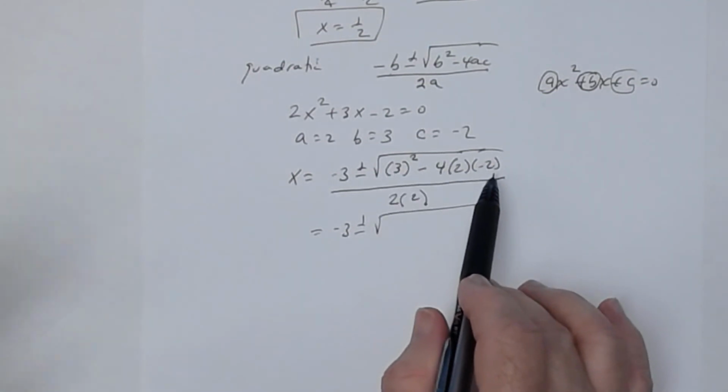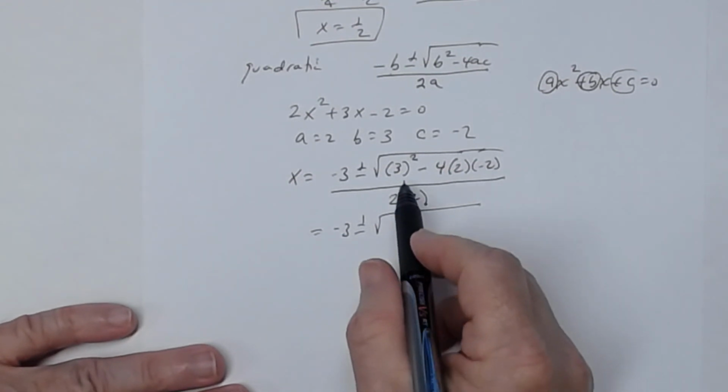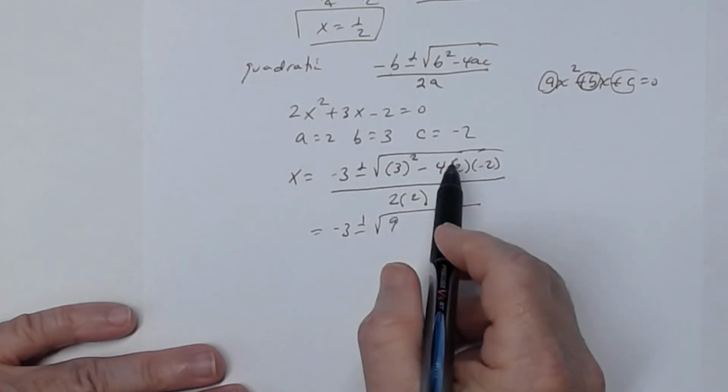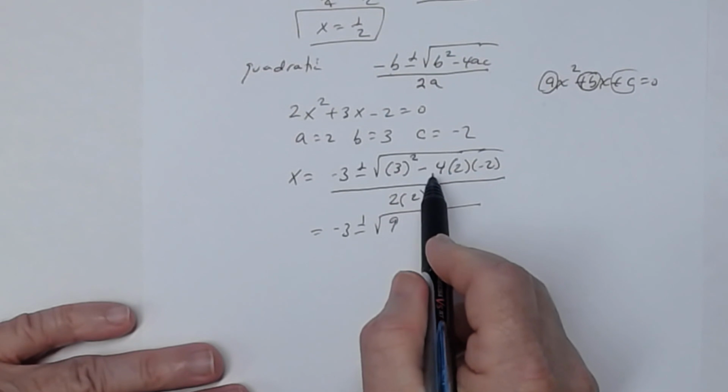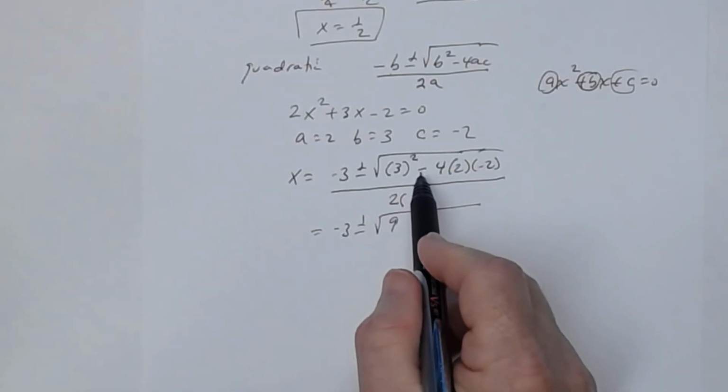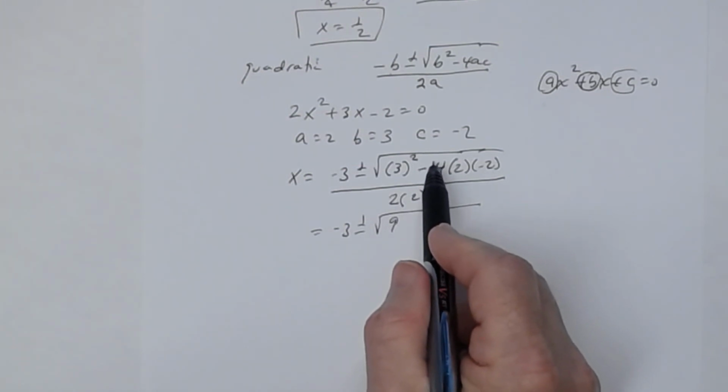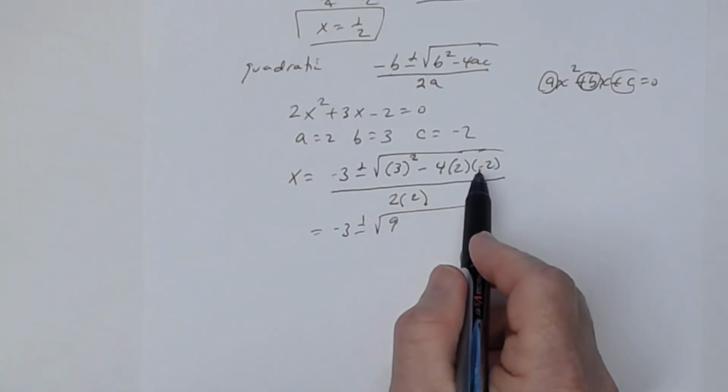So let's go ahead and simplify the discriminant. And when I do that, I get 3 squared is 9. Order of operations, think of this as a negative 4, even though it says subtraction, because remember, subtraction is adding the opposite. So I can think of this as adding a negative 4 times 2 times a negative 2.